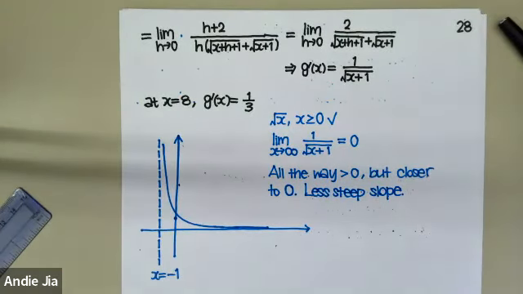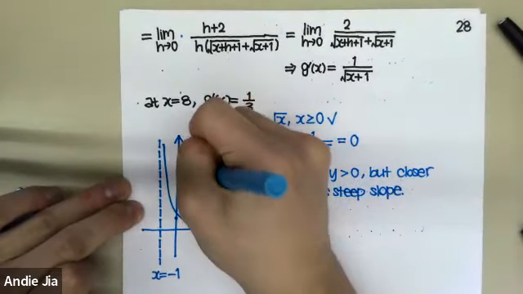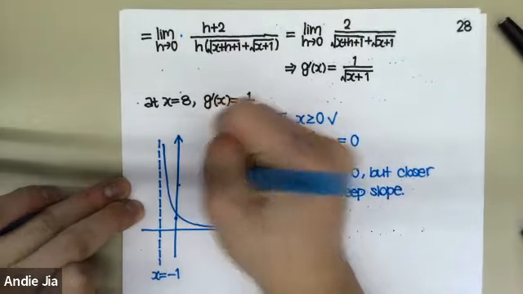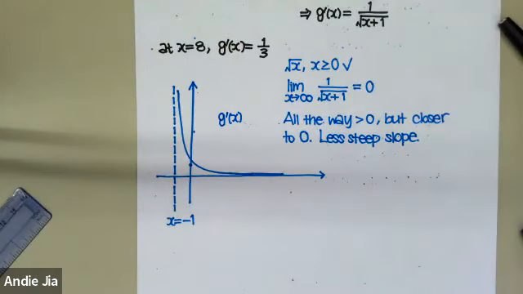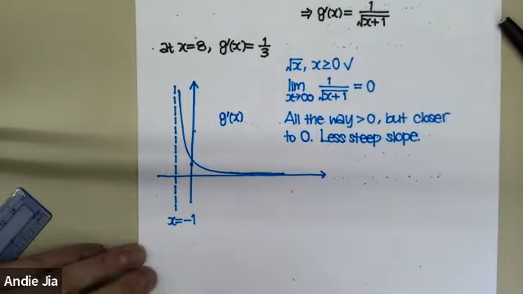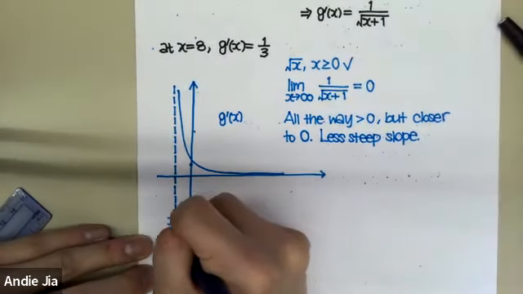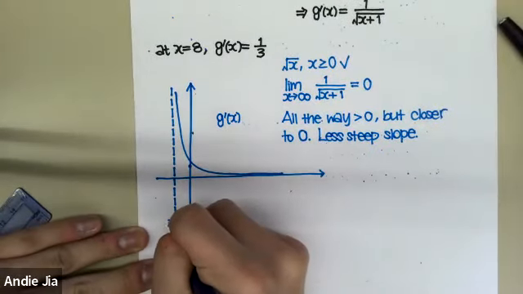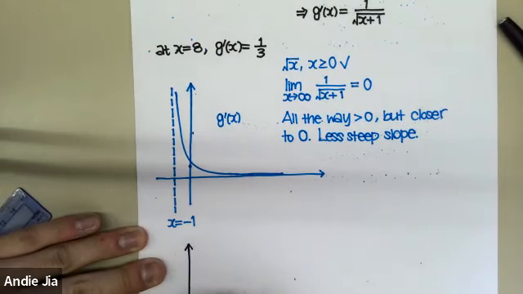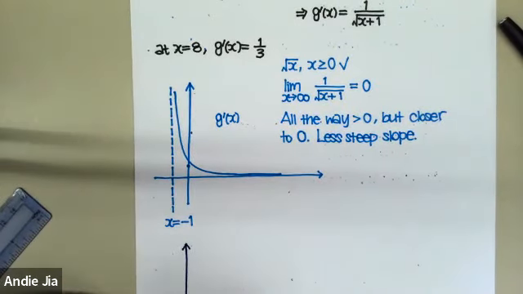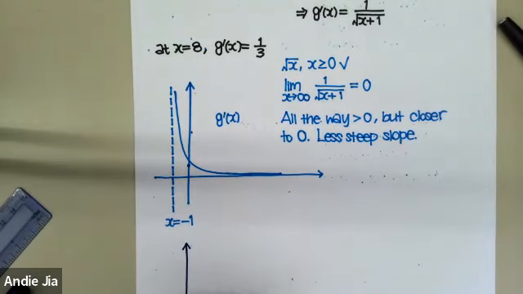And we have the g prime of x. We can just imagine what g of x is. So g of x is about -1 here. This is a less and less steep slope.